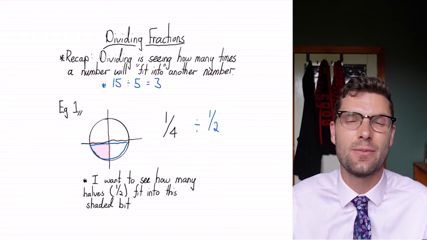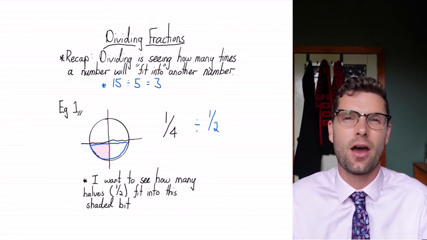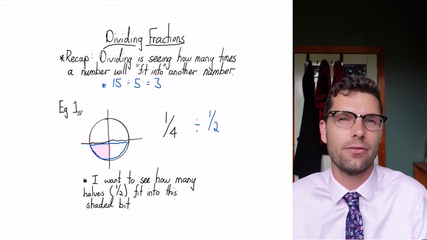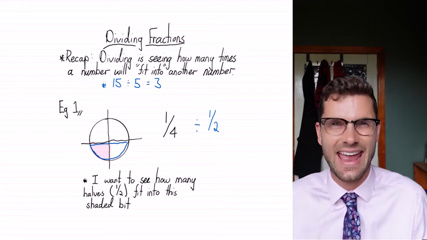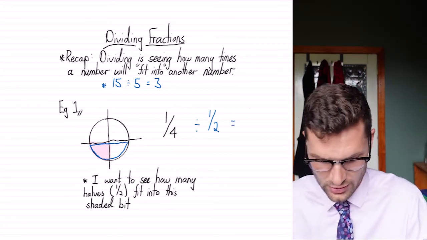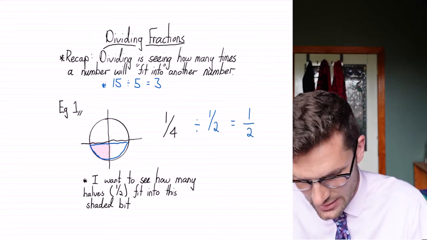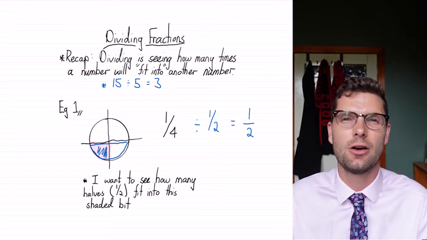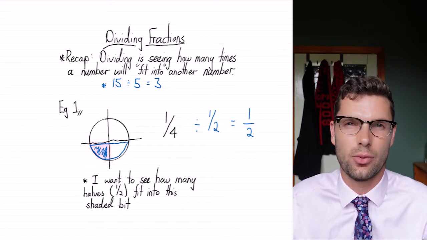And as we can see from that shape, we've got half of a half that fits in there. So the answer to this is just 1/2 because the shaded part takes up half of the entire blue thing that I put in there.